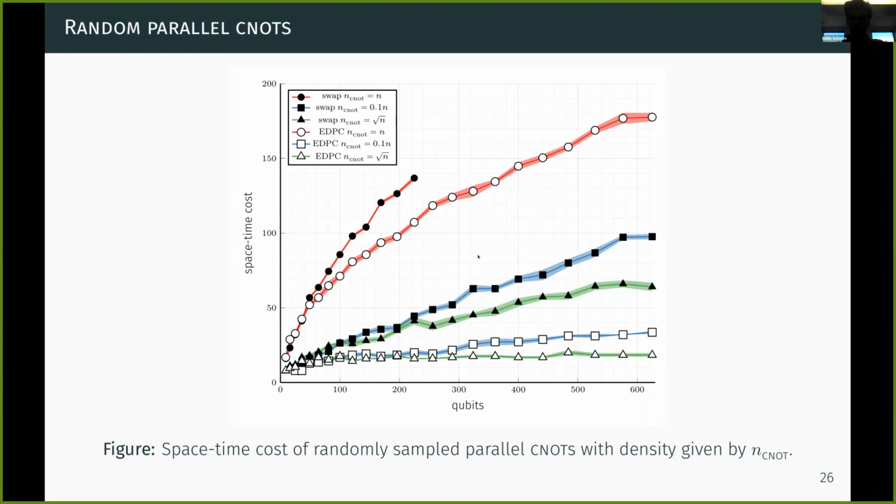And finally, if we consider very sparse parallel CNOT circuits, where square root n of all the qubits are performing a CNOT operation, then we know by our lower bounds that the swap-based implementation is lower bounded by square root n, whereas the EDPC algorithm could actually approach a constant space-time cost. We might be able to observe that here, but I was not willing to make that claim in the paper.